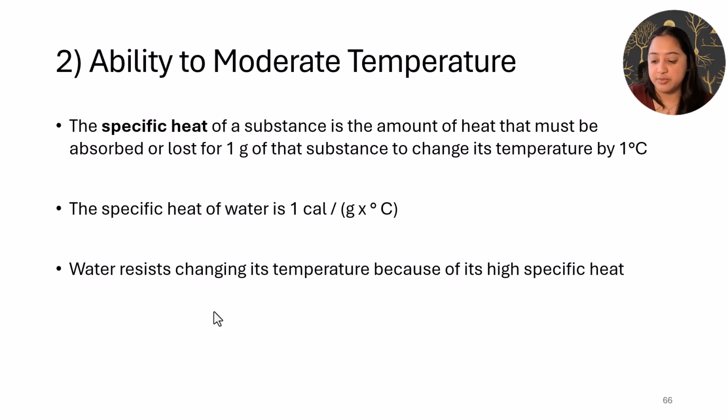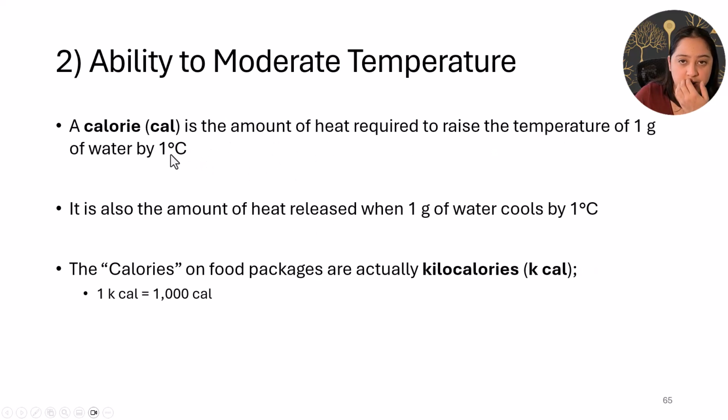So if you're measuring coffee, the specific heat of this coffee would be how much heat has to be absorbed for 1 gram of that coffee to change its temperature by 1 degree. And that might be different than water, or soda, or something else. So the specific heat of water is 1 calorie per gram per degree Celsius, which makes sense because the calorie is literally defined using water.